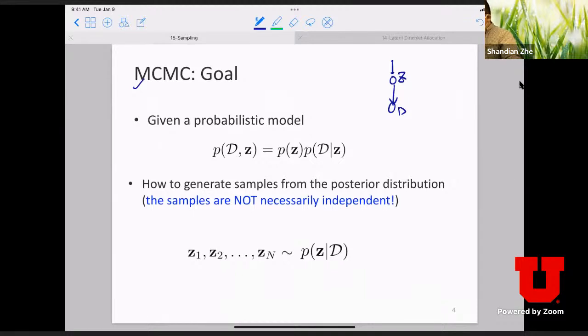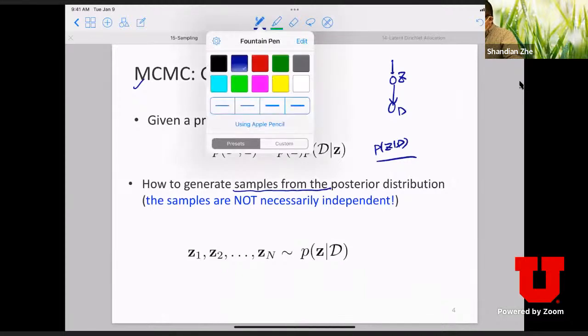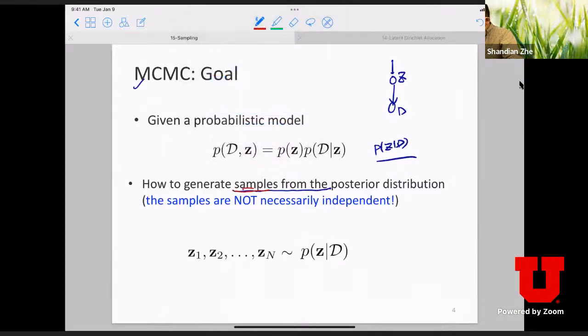Okay? And instead of directly computing the true posterior distribution, which is very hard to compute, the goal of Markov chain Monte Carlo sampling is to generate samples from the posterior distribution.